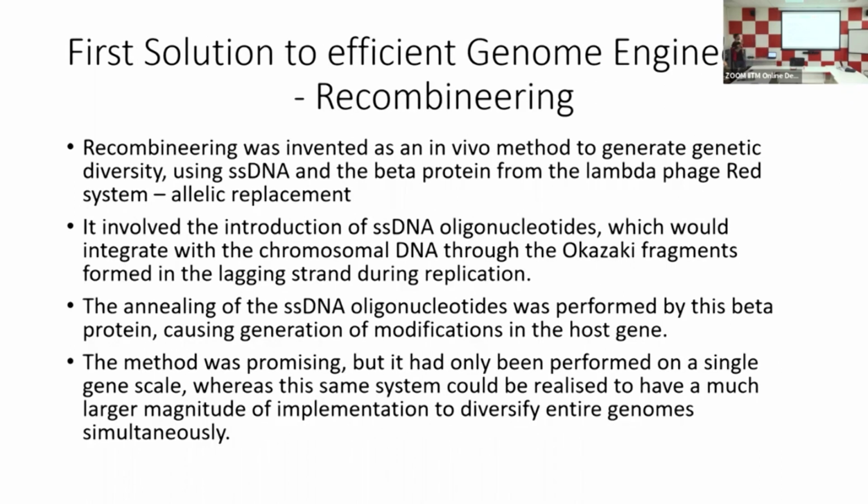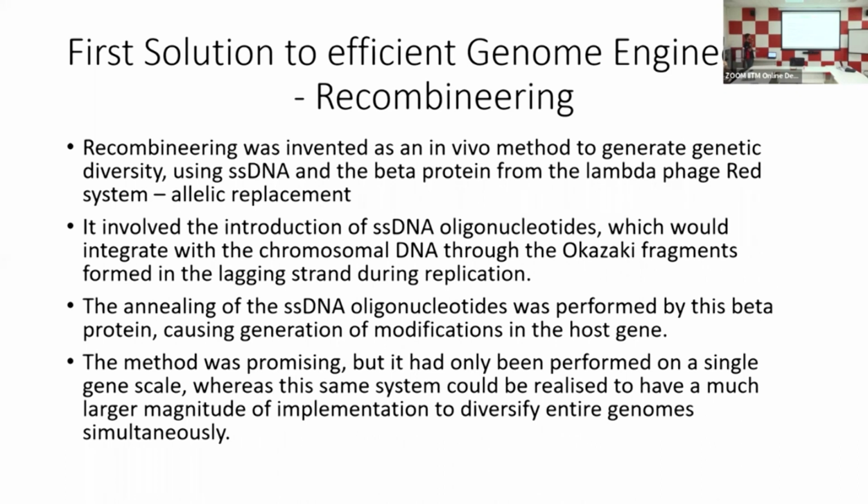The first in vivo solution which came about for doing this was called recombineering. Recombineering is an in vivo method to generate genetic diversity using single-stranded DNA and the beta protein from the lambda phage Red system, which is a system of allelic replacement.